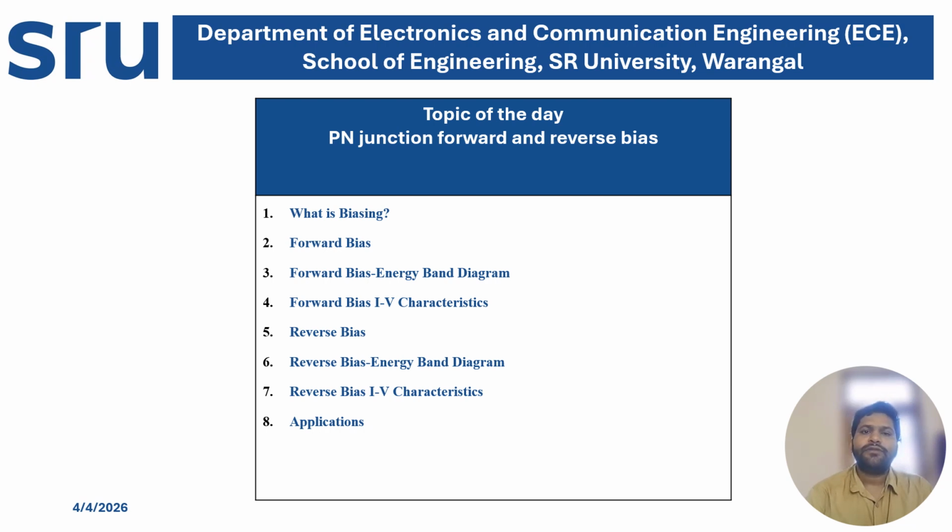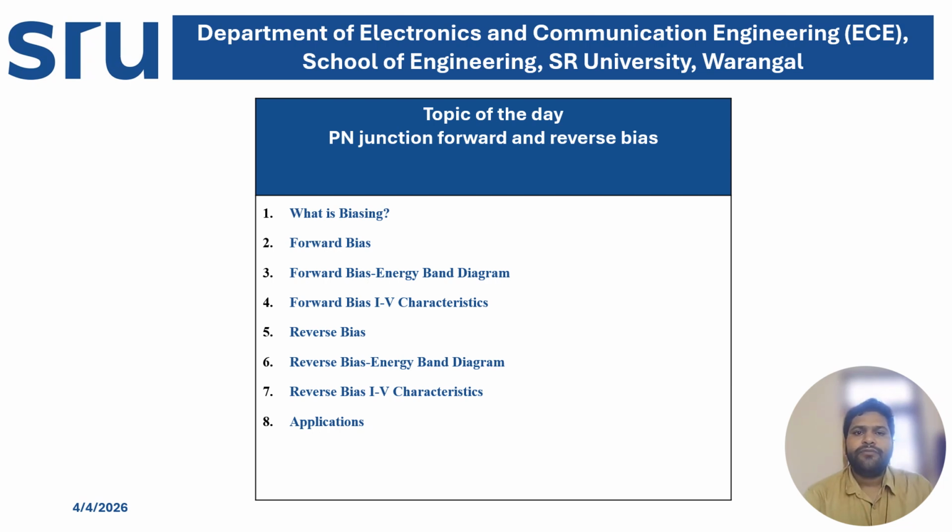The external voltage increases the built-in potential and the depletion region becomes wider. This is just the opposite of forward bias, where applying the external voltage makes the depletion region thinner. In reverse bias, the depletion region becomes wider, so majority carriers cannot cross the junction.